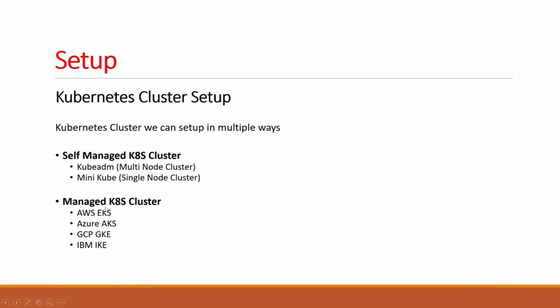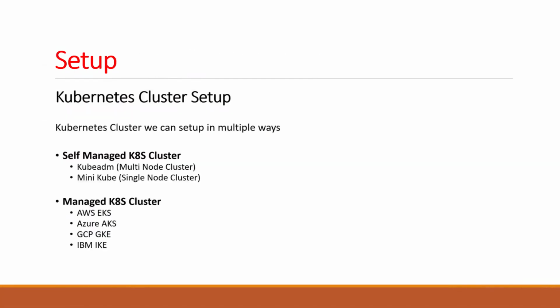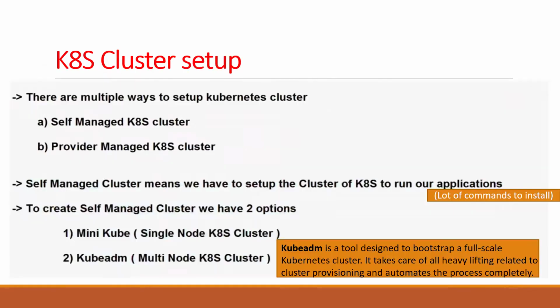Managed means they already created and installed that Kubernetes, and they will give it as a service. Provider managed Kubernetes means we will use a Kubernetes cluster which is configured by someone. Self managed means we need to create our own, and lots of commands are needed to install it.